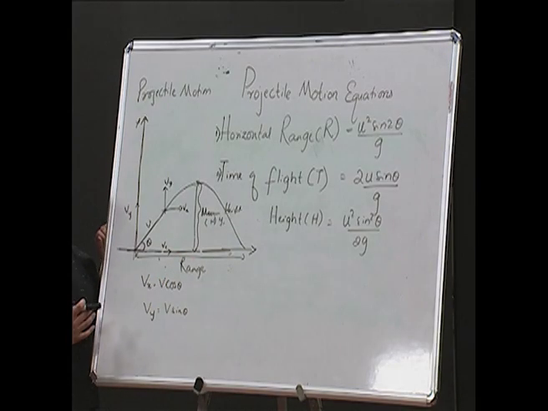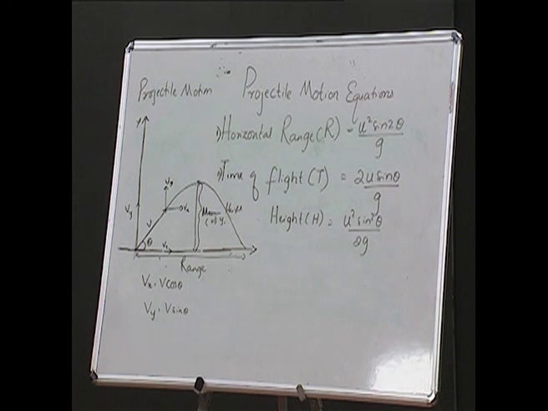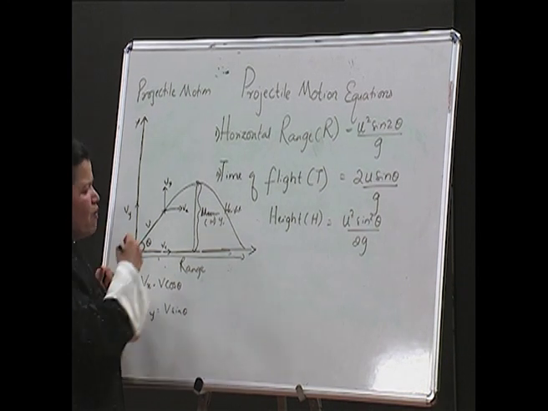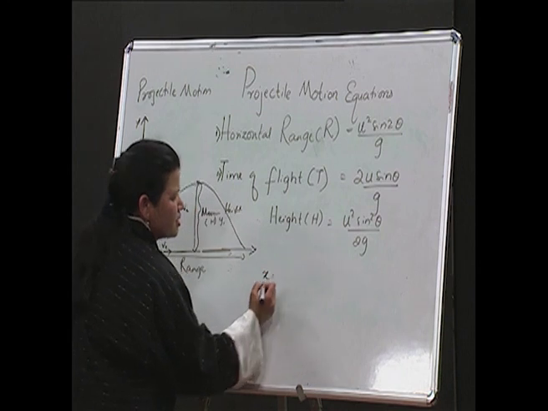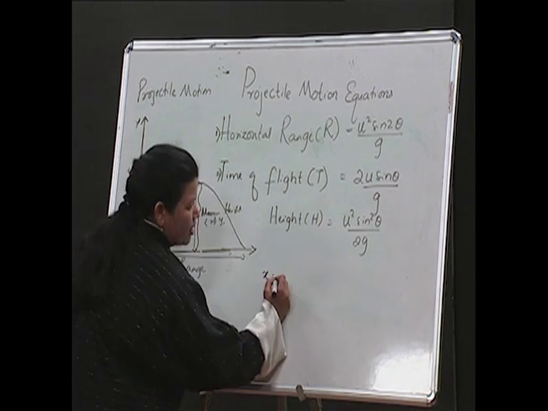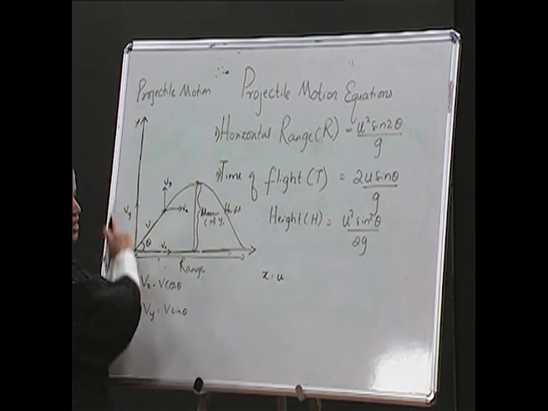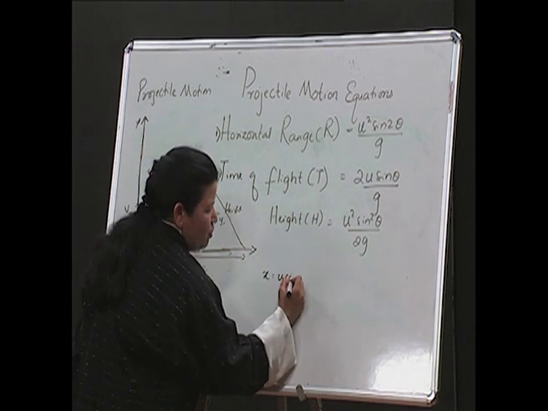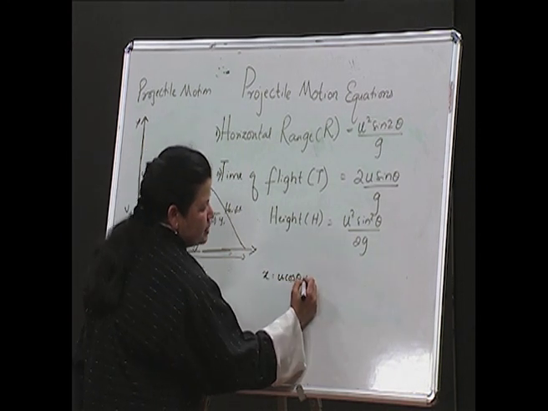So, no wonder the displacement will be taken in two different aspects: first the horizontal displacement, and second the vertical displacement. How can we calculate the horizontal displacement? In our lower grades we learned that distance equals speed times time. So the path taken in the horizontal direction is u cos theta times the time.